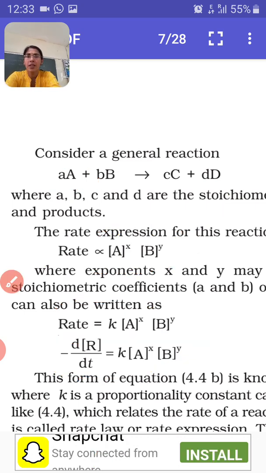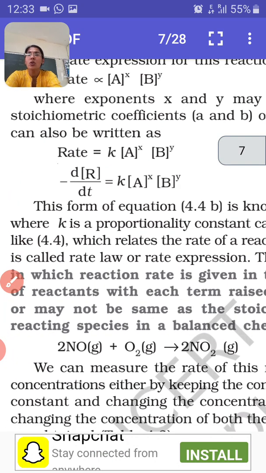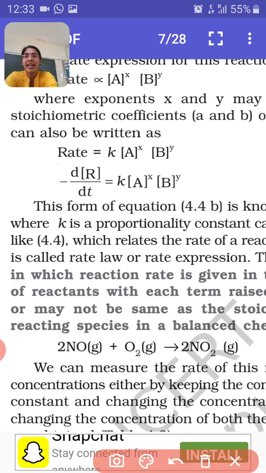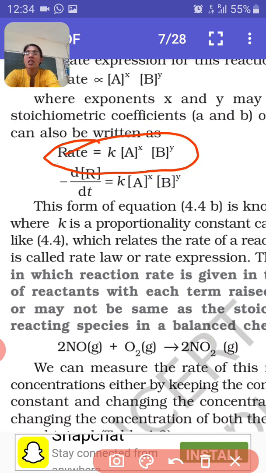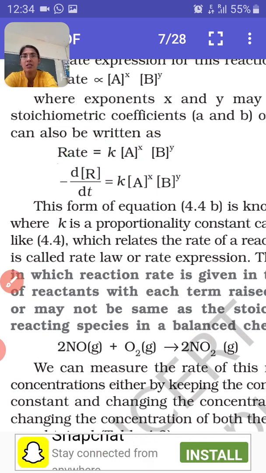Now, children, here if you see, such an expression which relates the rate with the concentration terms is known as the rate law. Right, children? And the powers x and y may be equal to the stoichiometric coefficients and may not be equal to the stoichiometric coefficients.